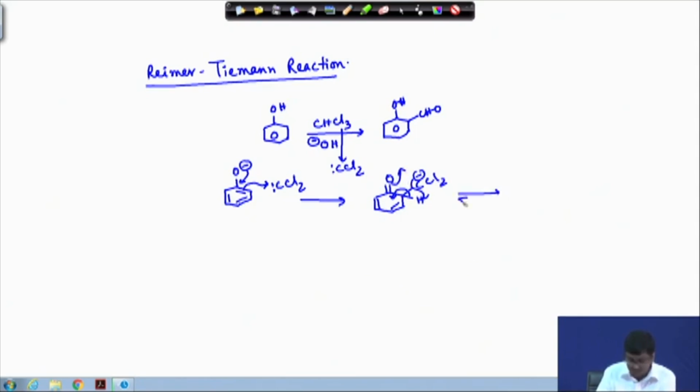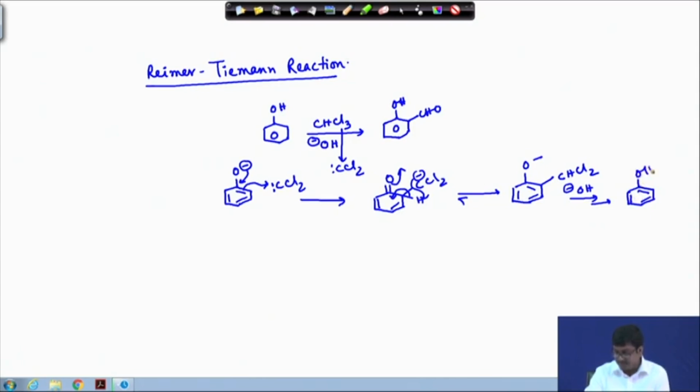So, overall, okay. Then the corresponding hydroxide attack, and once this hydroxide will attack, chlorine will liberate, and finally that will give the corresponding salicylaldehyde as the final product.